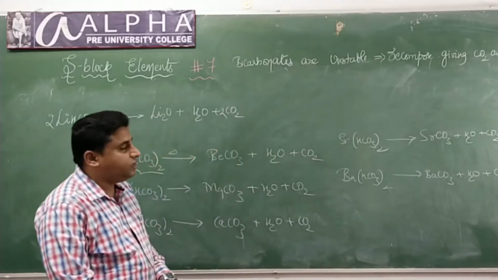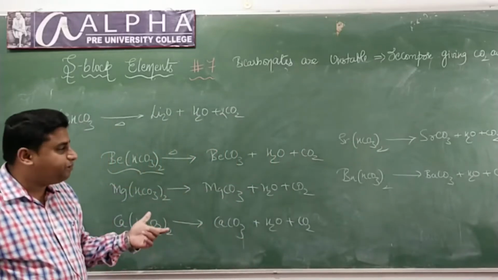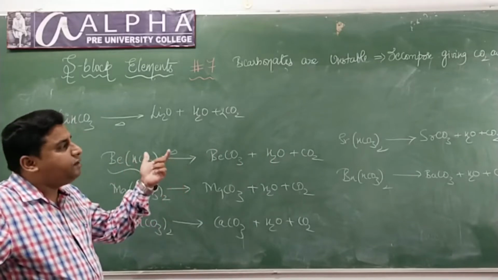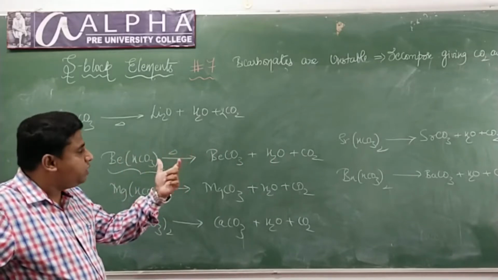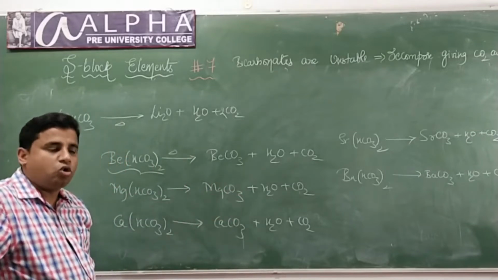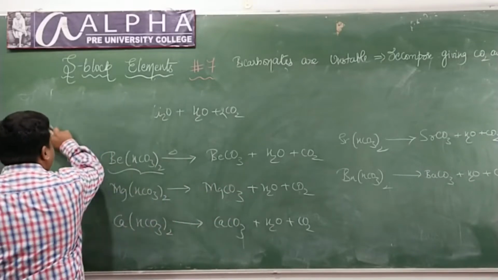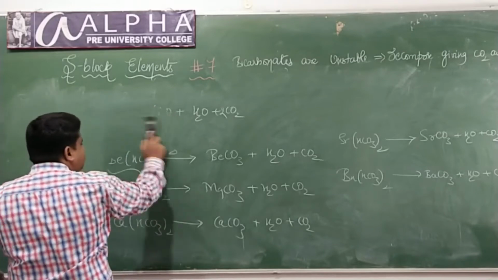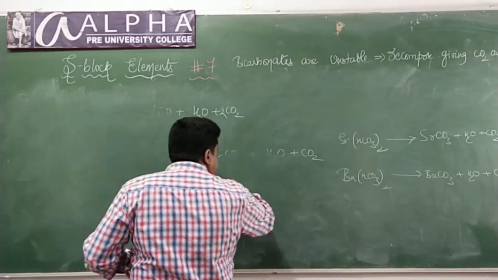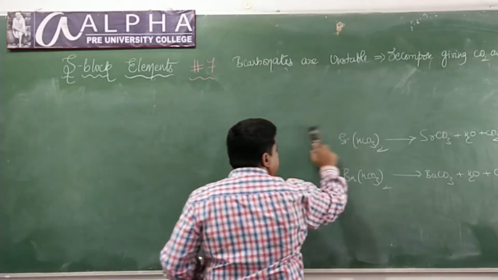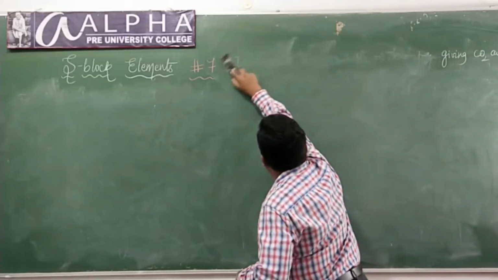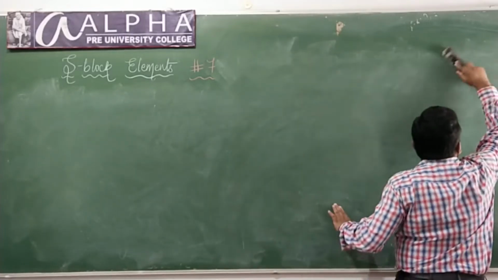So unlike carbonates, which were very stable, bicarbonates are unstable. They decompose giving rise to carbon dioxide and water. Now if I discuss the bicarbonates of sodium and potassium, understand this point.